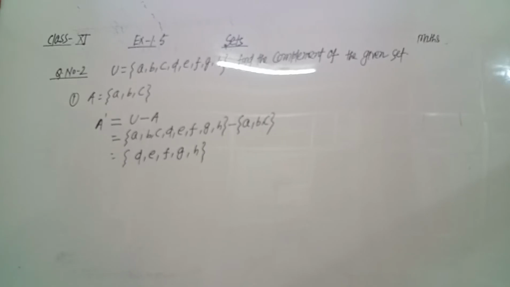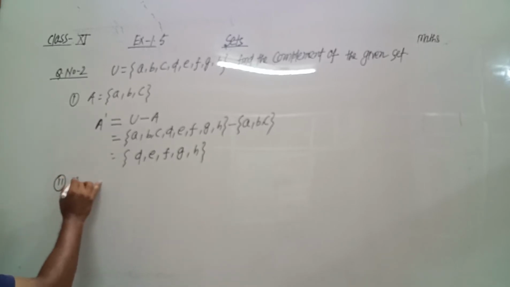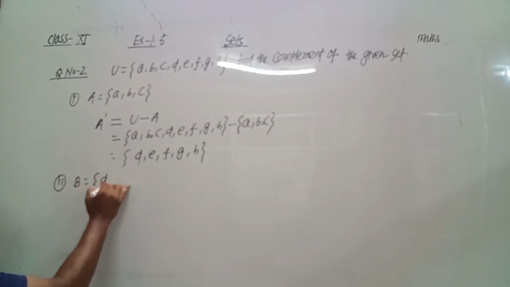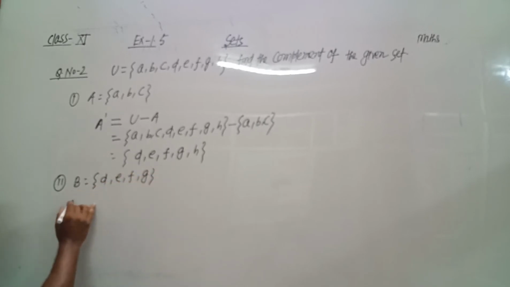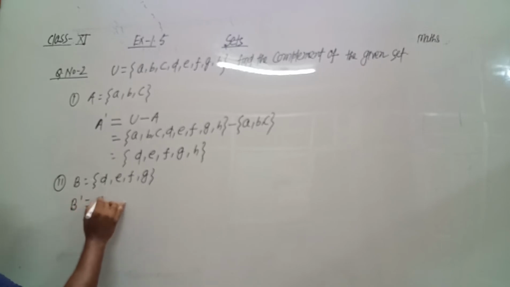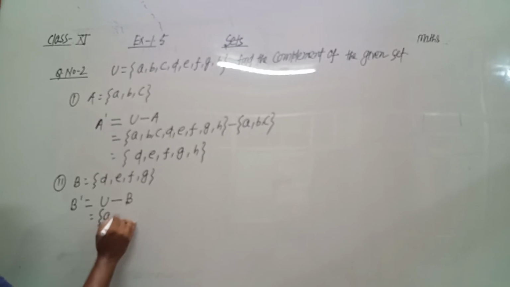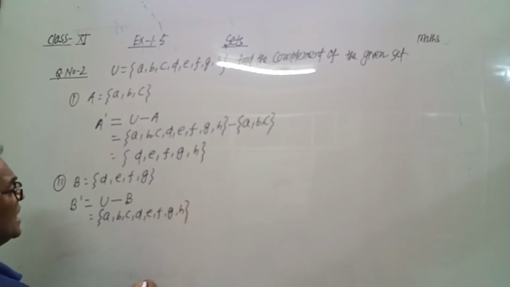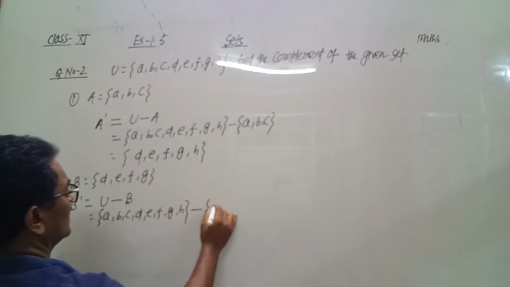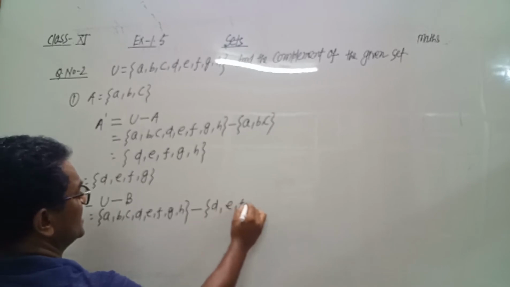Now the second part, B = {D, E, F, G}. We have to find the complement of B, meaning B dash, and B dash equals U minus B, which is {A, B, C, D, E, F, G, H} minus {D, E, F, G}.